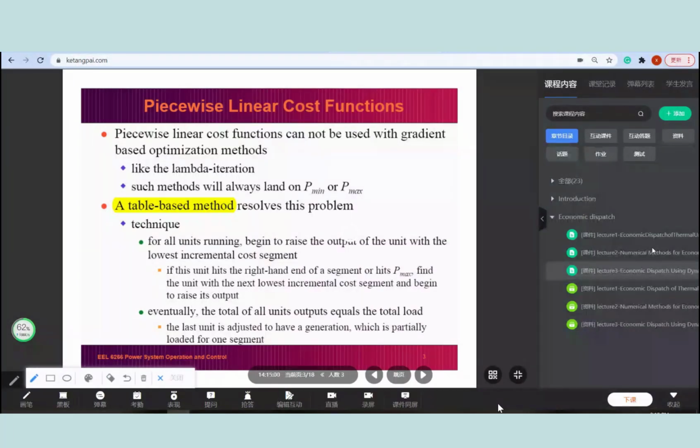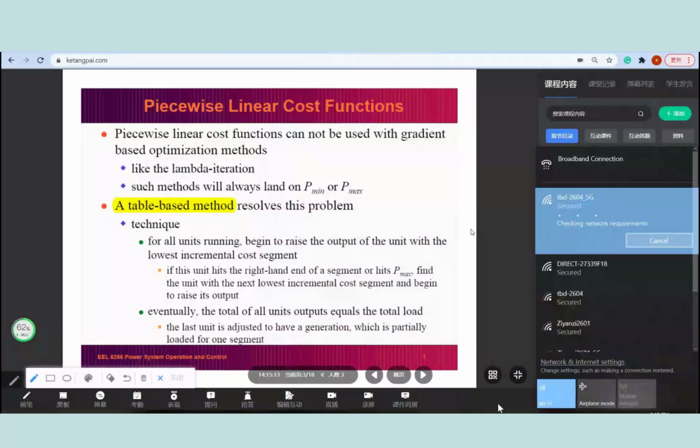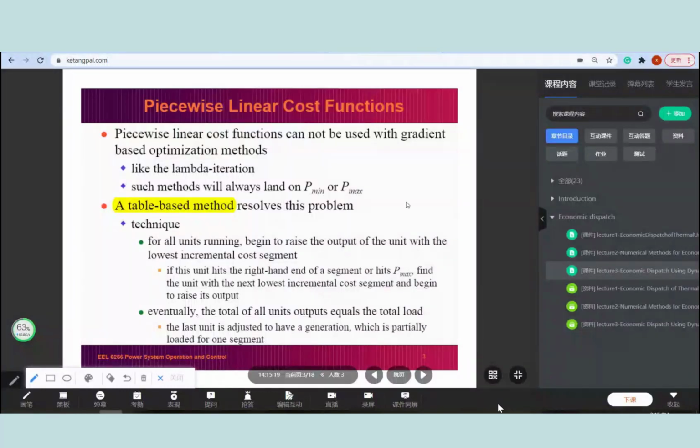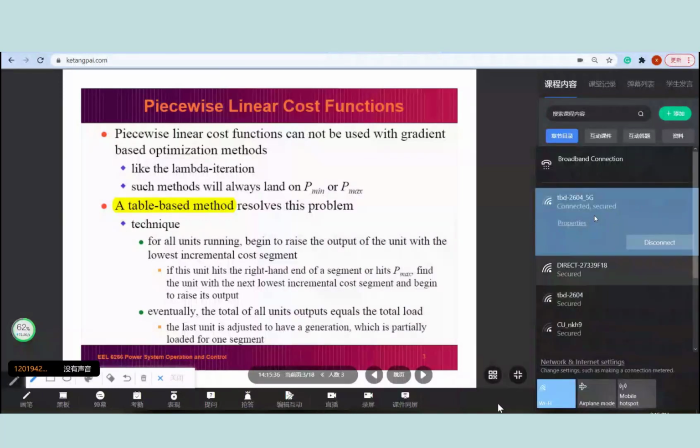Teacher, we can't hear you continuously. Okay, I'm sorry, the internet is not good today. Your network connection is not good, so we are unable to hear you continuously. Yes, the internet is not good today. I always try to reconnect, so there are always some interruptions in our presentation.